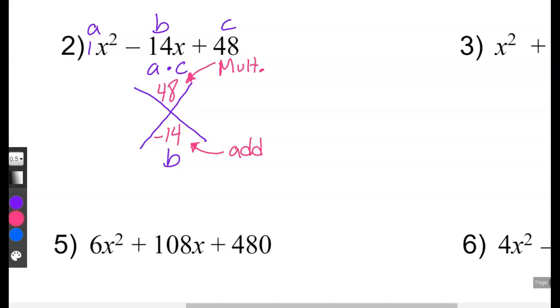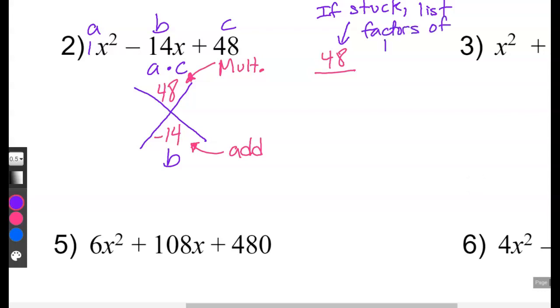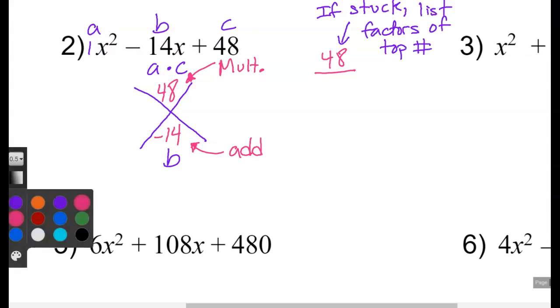If you're struggling on thinking of these numbers, list the factors of the top number. So I'm going to even write that. If stuck, list factors of top number. So I'm going to list the factors of 48.